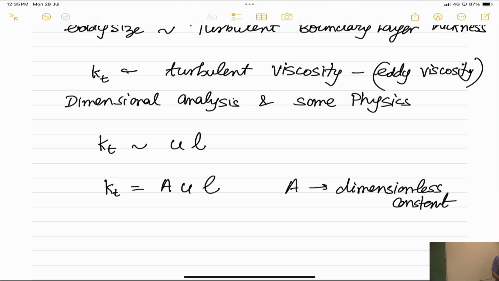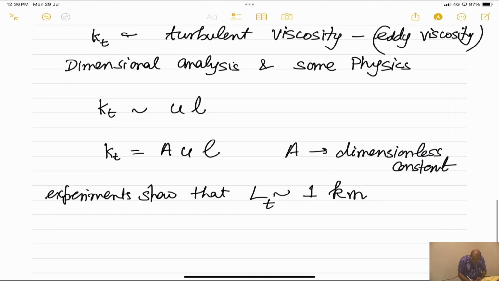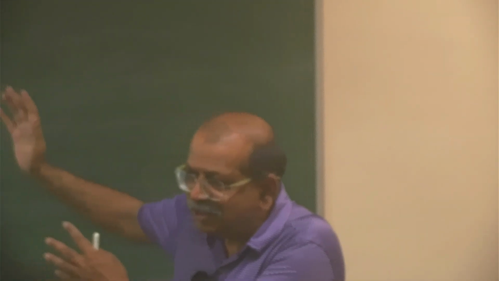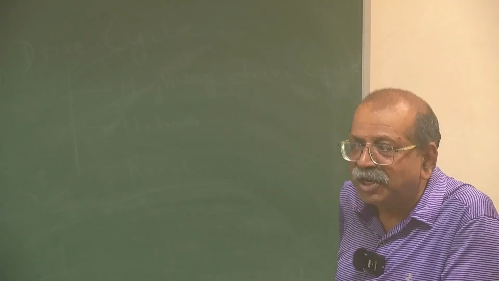If the experiments show that LT is of the order of 1 kilometer, then A will turn out to be something like 1/4. So whenever you make a model and you put some dimensional things along with it, you always also put a coefficient, and the coefficient will be determined by experimental data.